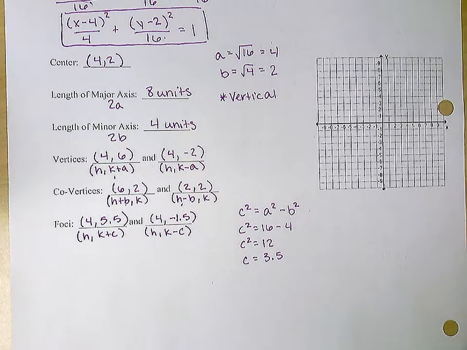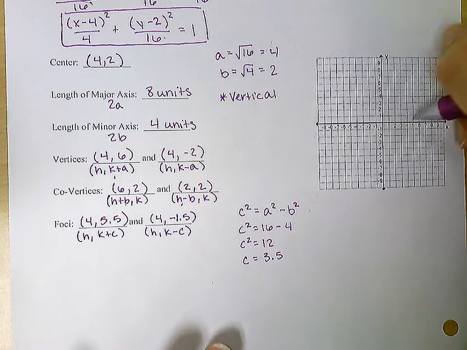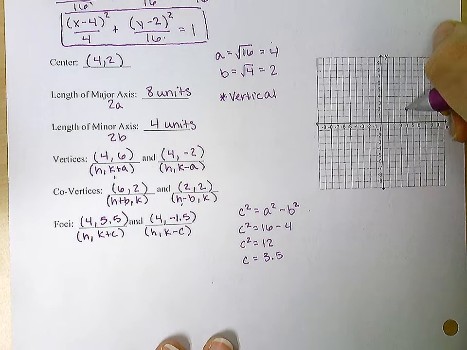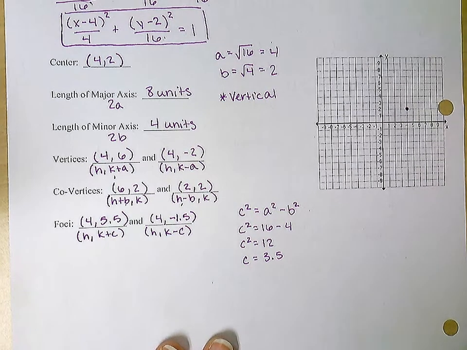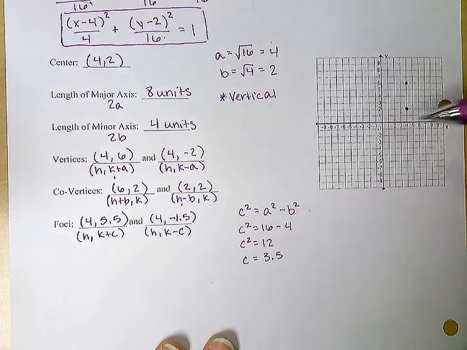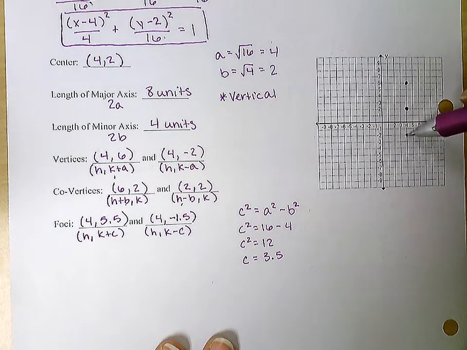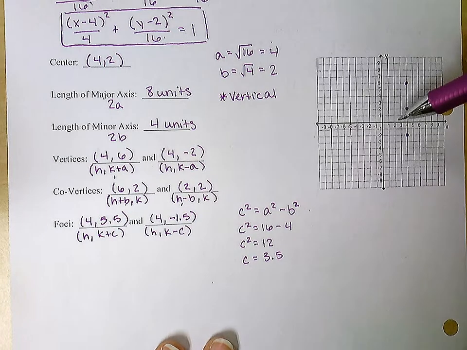Okay, then all we have to do is plot our points. So center is at 4, 2. Vertices at 4, 6 and 4, negative 2. And then co-vertices at 6, 2 and 2, 2.